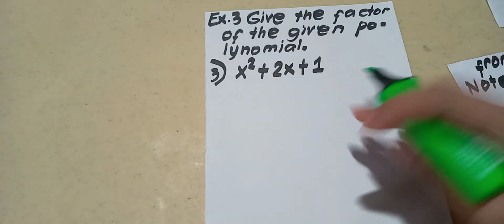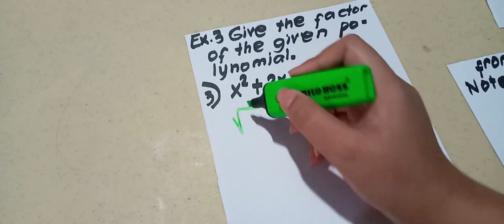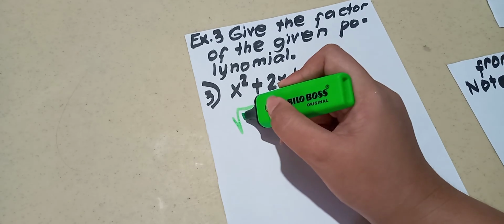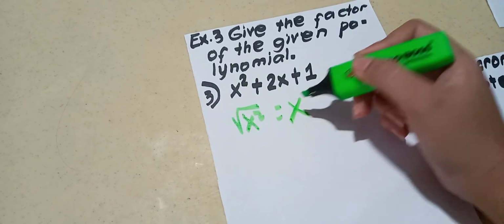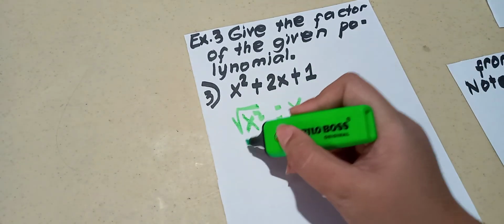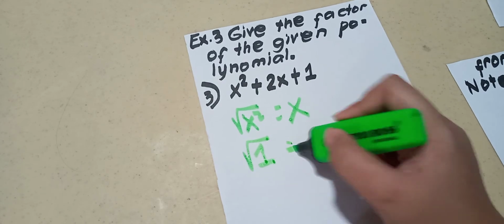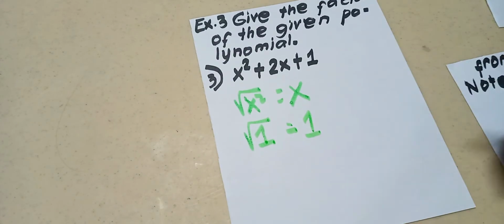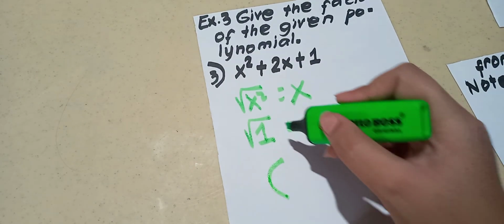Next, let's have another example. Again, step 1, square root the first term, which is x squared. The square root of x squared is x. Next step is square root the last term. The square root of 1 is 1. Next, we create a binomial inside a parenthesis.